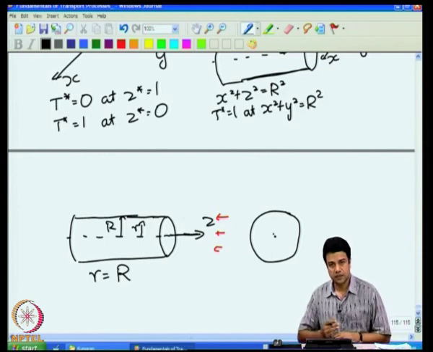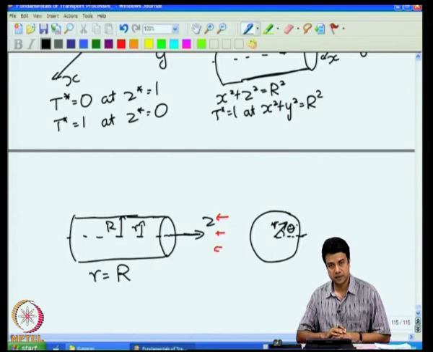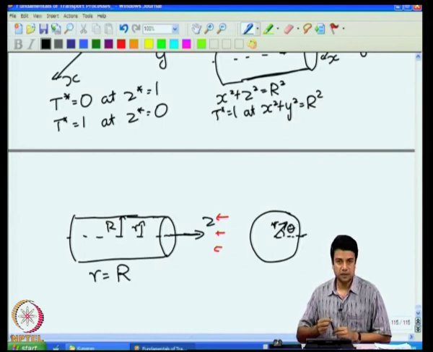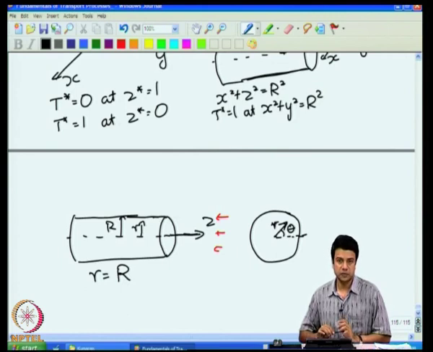The z coordinate is coming out of the board towards you. r is the distance from the center, and theta is the angle that this distance makes with respect to some axis. So, by fixing r, the distance from the center, theta, the angle that this distance makes with respect to some axis, and z, the distance along the pipe, I have uniquely fixed the position. And then you can express the temperature, concentration, velocity fields in terms of this position.